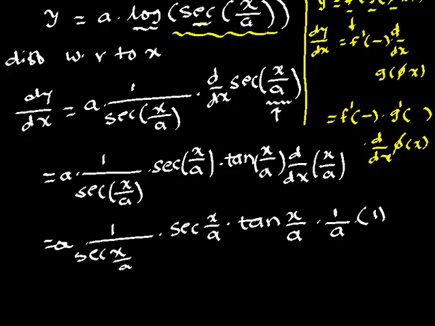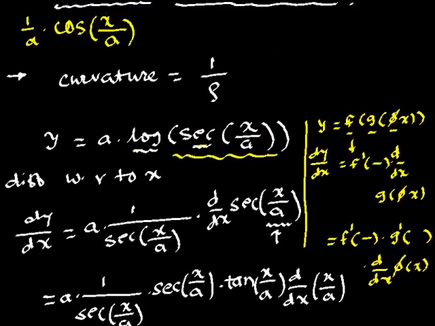So here we have got the whole derivative. Now let us see what gets cancelled. Sec x upon a cancels with sec x upon a. This a in the numerator cancels with the a in the denominator. So what remains is only tan x upon a. This is the derivative, dy by dx.